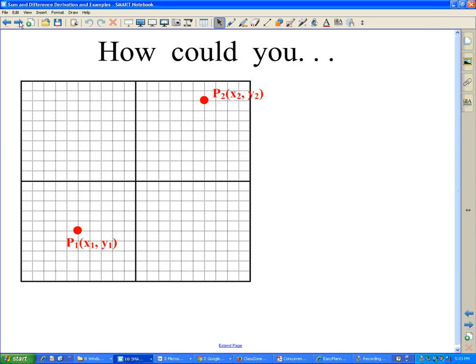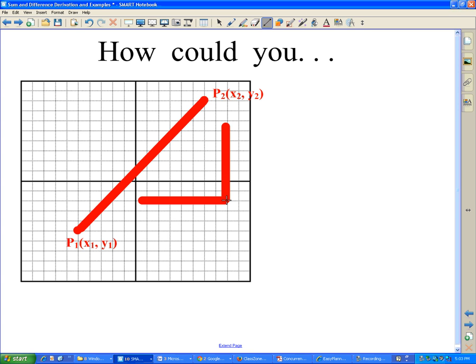One important idea that I just want to review with you, going back to Algebra 1, is this idea right here. If I have 2 points on a coordinate plane, how can I find the distance between them? If they're directly horizontal, we can just count the distance or subtract.